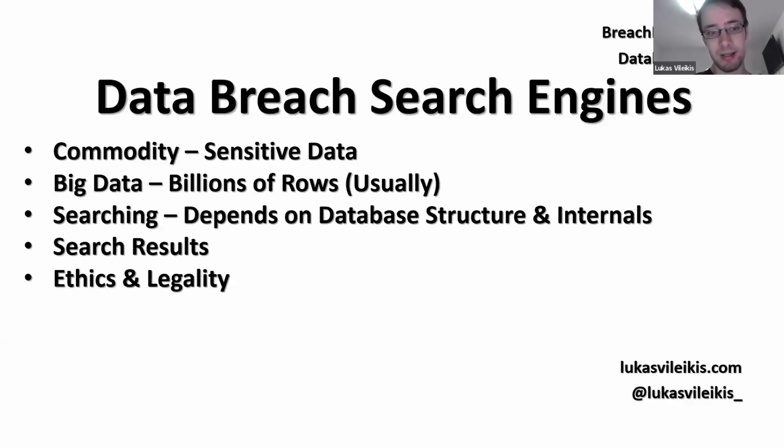Some of them provide different search results than others do. And some of them operate in some of the gray areas of ethics, let's say. Some of them operate in more, let's say, white areas of ethics, because not all search engines are built the same.